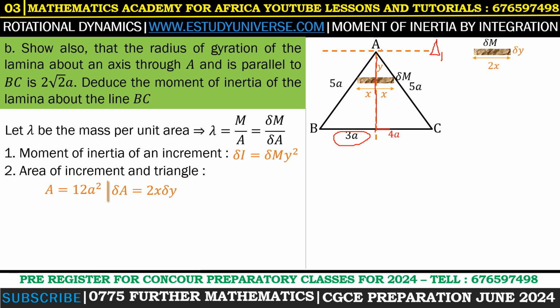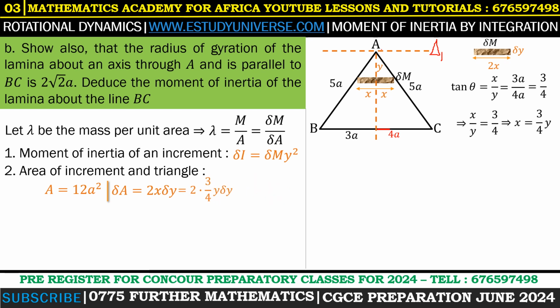So clearly we can use the tangent of the angle. Tan theta will be x divided by y for the small right angle triangle, and for the bigger right angle triangle it is 3a divided by 4a, which is 3 on 4. This means x on y is equal to 3 on 4. Since we need x in terms of y, x is equal to 3 divided by 4 times y.